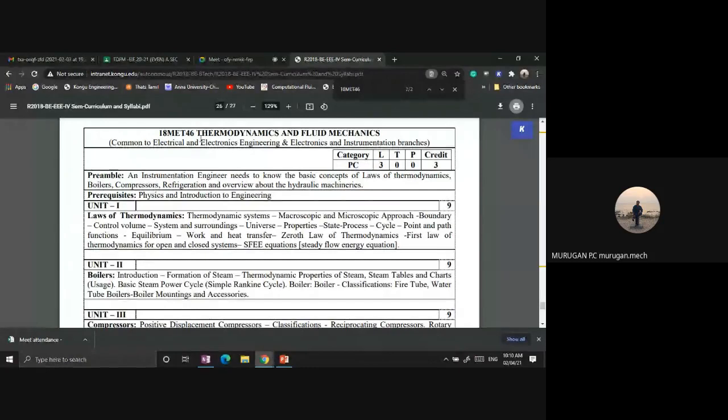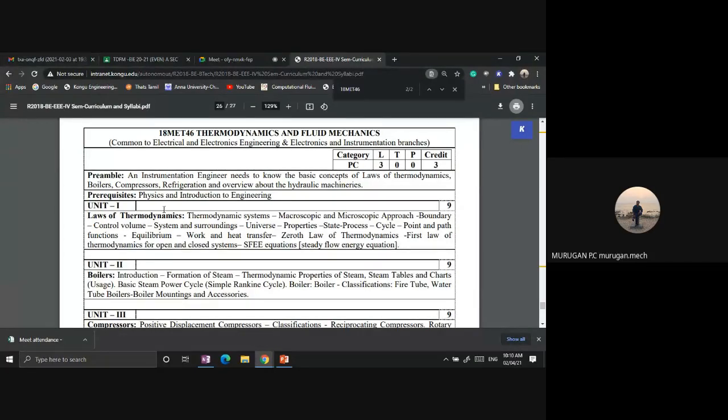You are so lucky to study both thermodynamics and fluid mechanics in a single subject. As mechanical engineers, we normally study thermodynamics as a separate subject and fluid mechanics as a separate subject. So this is the thermodynamics and fluid mechanics syllabus.